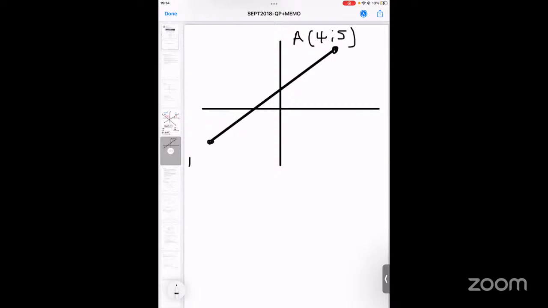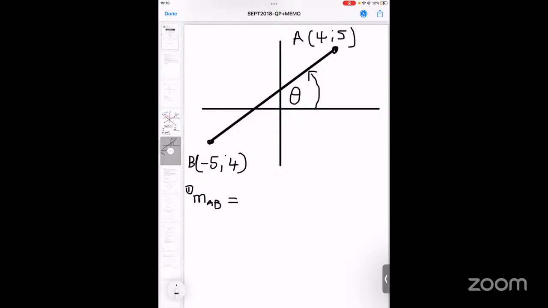And then here we've got point B. The coordinates, let's say, are negative 5 and then maybe 4. Can you guys calculate the gradient of line AB? That is the first question.